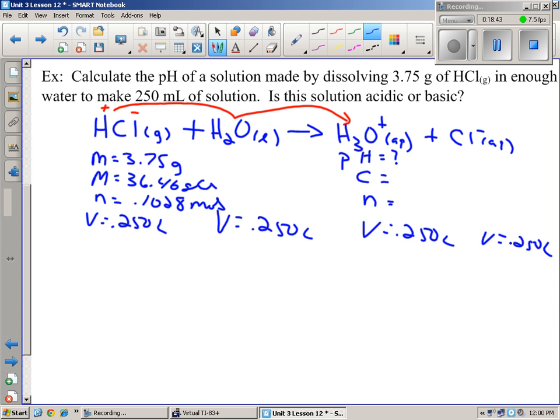We'll do that next year in Chem 30. But remember, what happens with a strong acid? It completely ionizes. So if I get 0.1028 moles here, how many moles do I get here? The answer is 0.1028 moles. It's a 1-to-1 relationship.